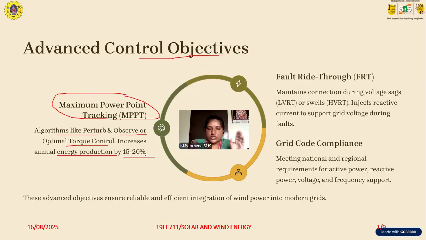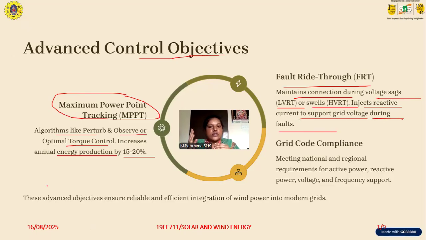Next is fault ride-through control. It maintains connection during voltage sags, LVRT as well as HVRT, and injects reactive current to support the grid voltage during the fault.